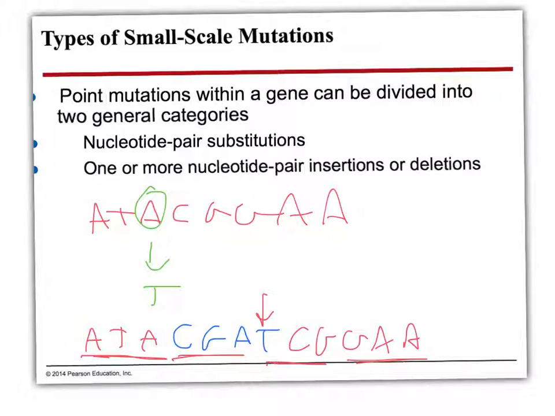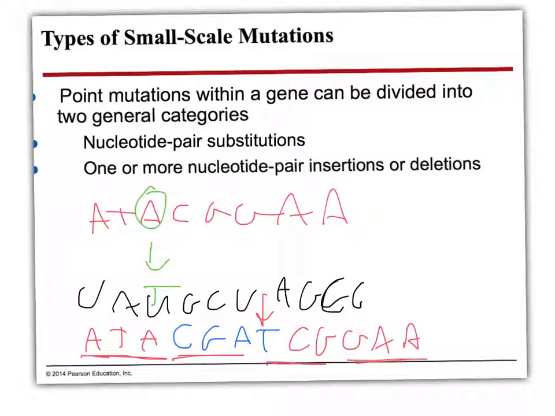All right, so if we transcribe this DNA, this would be U, A, U, G, C, U, A, G, C, C, U, U. All right, so if we looked at the codon, what's UAU?